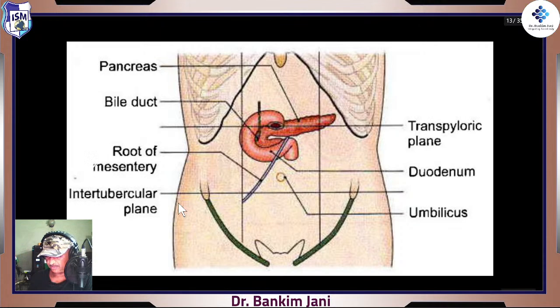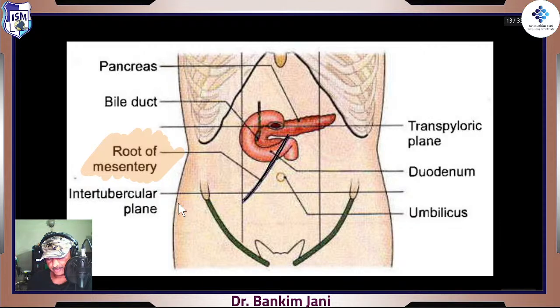The clarity on one, this root of mesentery, because I got 2-3 mails regarding it. Let's understand what root of mesentery is. Mesentery is something which is covering the intestinal loops. This is the base, that's where it would be connected.